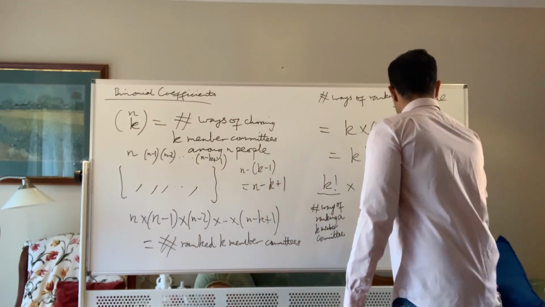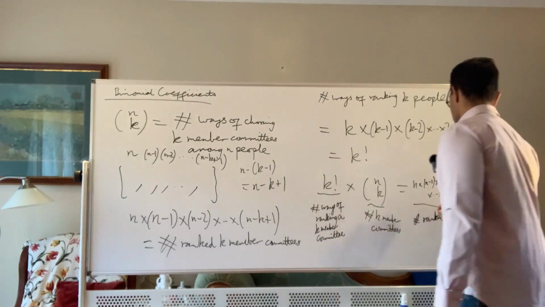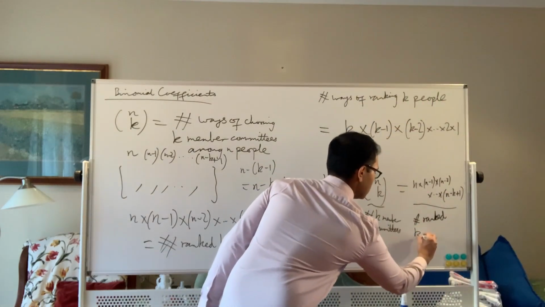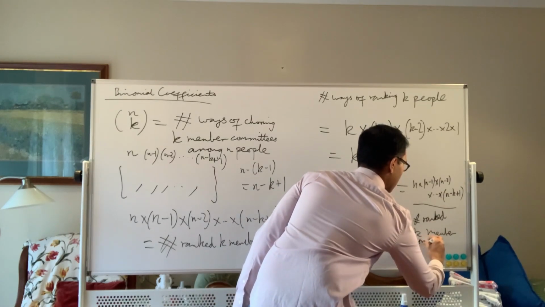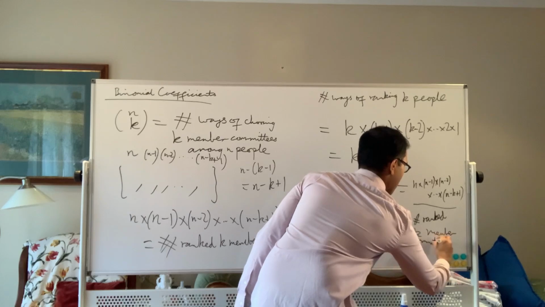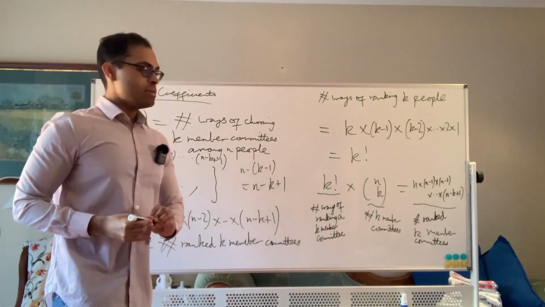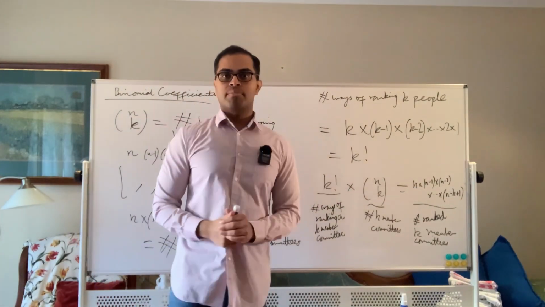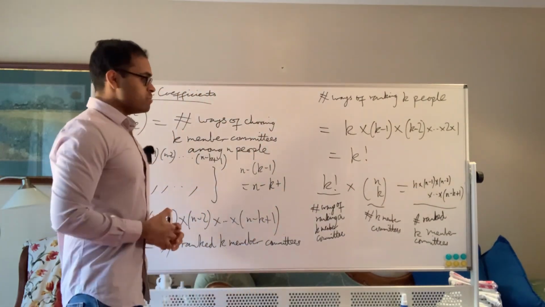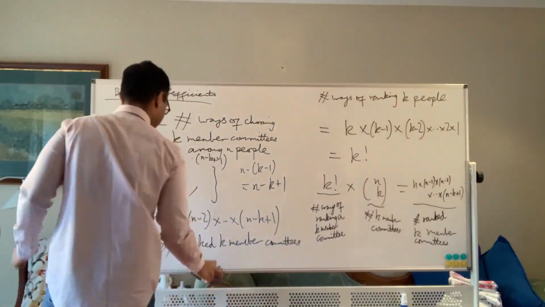This is the number of ranked k member committees. So the number of ways of ranking a k member committee times the number of k member committees is the number of ranked k member committees. That's going to be the formula, and now we can find a formula for n choose k.